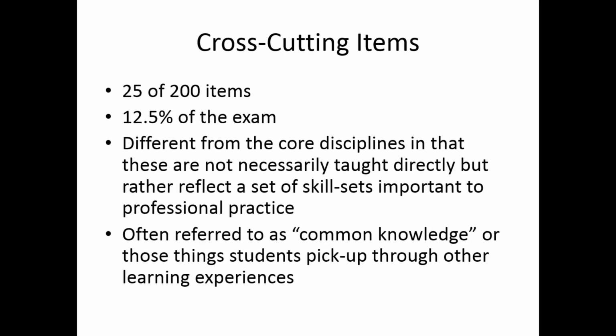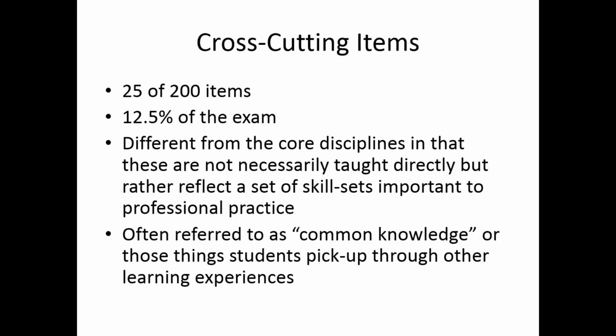But I'll tell you a little bit about how these cross-cutting domains came into being and why, and then we can dive into the kinds of items you might see on the exam, and we'll end with a few sample questions, just to give you a sense of how multiple choice questions in these areas might appear on the exam. So with that, we'll jump in.